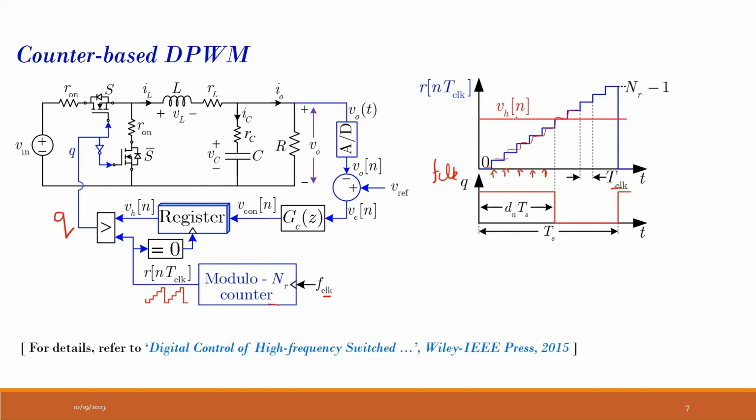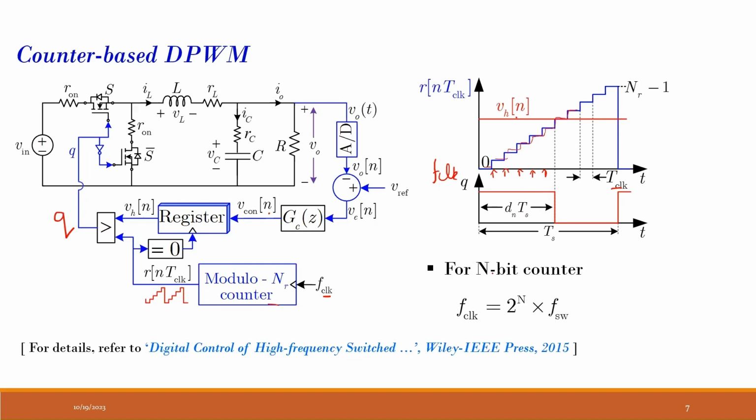This is my control signal VH of n, which comes via the controller. When my counter signal goes above that, my switch Q turns off. This is how you implement digital pulse width modulation from a counter.